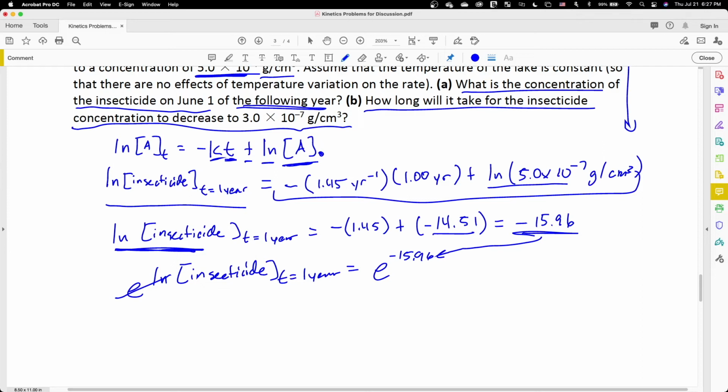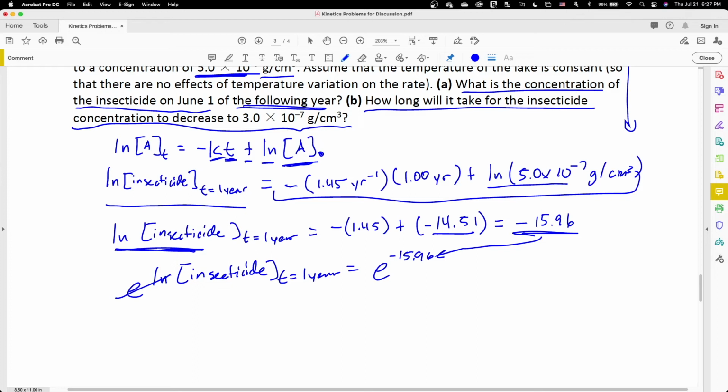And so e is a function on your calculator. It's under the log button. You have to press second and then ln. So it's actually the natural log button, but the second function. So press second and then natural log, and that gives you e to the x.